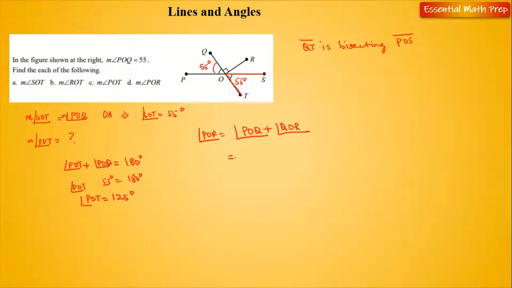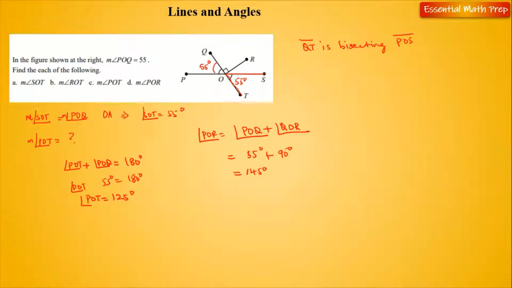Angle POQ is 55 degrees and angle QOR is 90 degrees. So that's 145, isn't it? Sorry, 90 plus 55, yeah, 145 degrees.